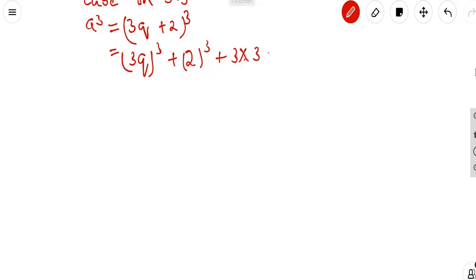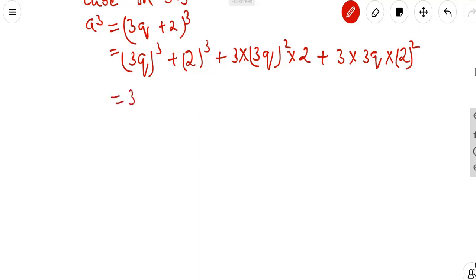A is how much here? 3q. So it is 3q square into 2 plus 3 into a, which is 3q, into b, which is 2 to the power of 2. Okay, if you want, you can write your bracket here.